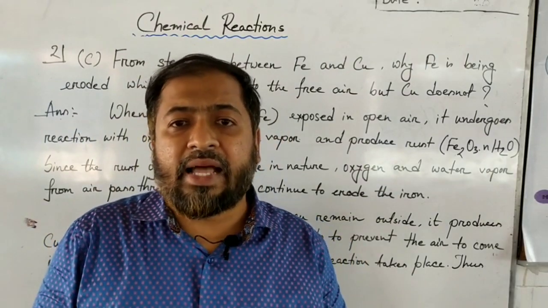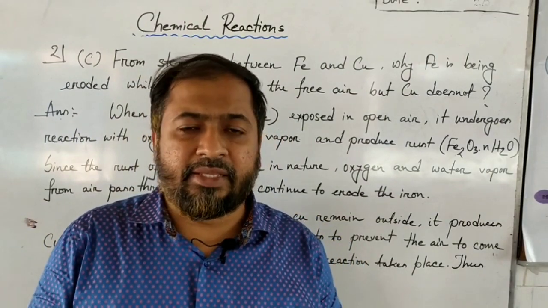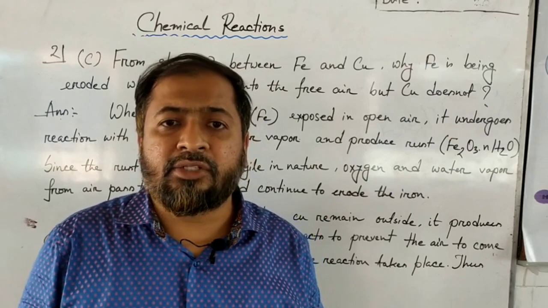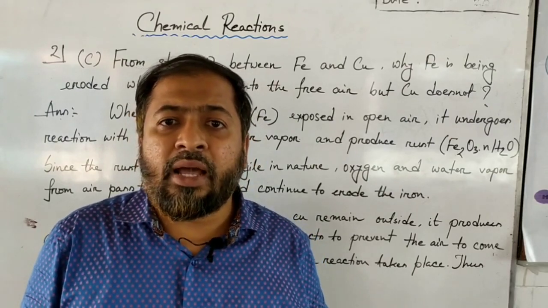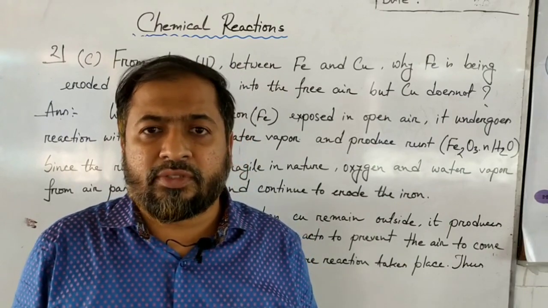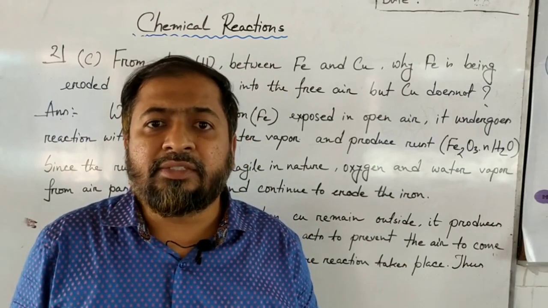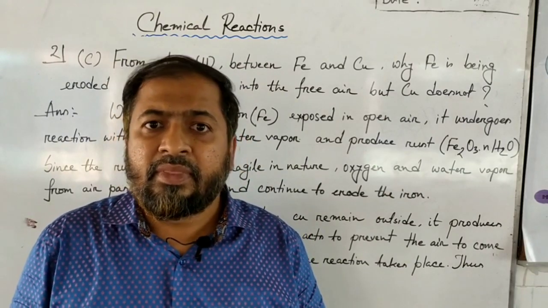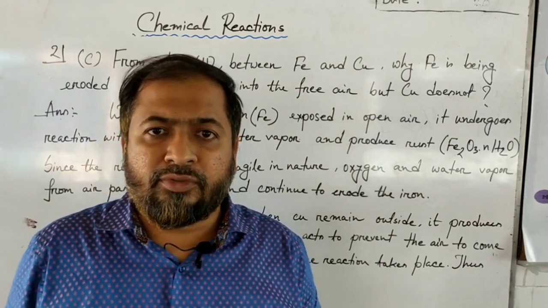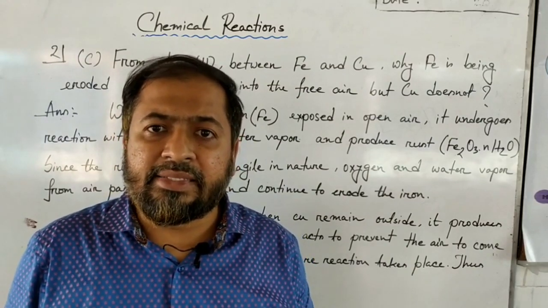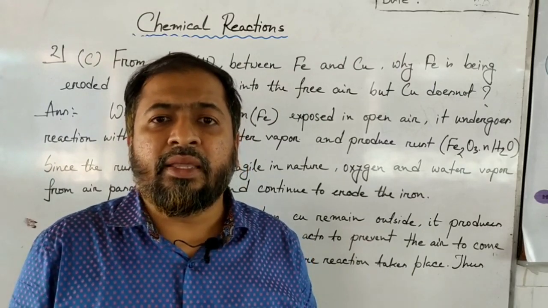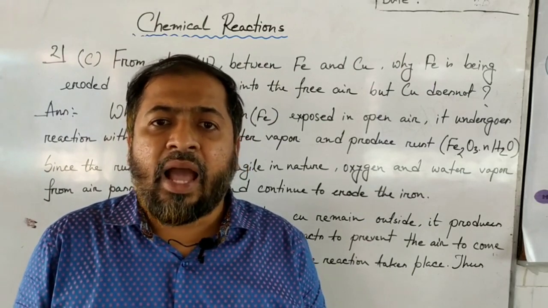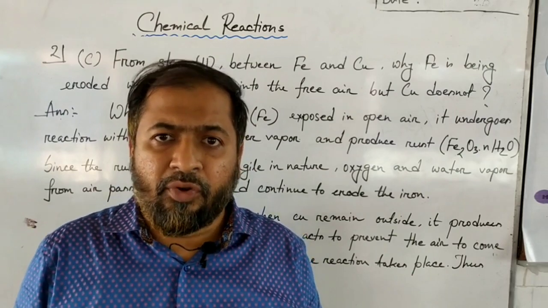Now, from this answer, we can find two things. Number one, the rust which is created outside the iron due to the interaction with oxygen and water vapor is fragile in nature. Therefore, outside oxygen and air can easily penetrate inside iron, and consequently in the long period of time iron is eroded.